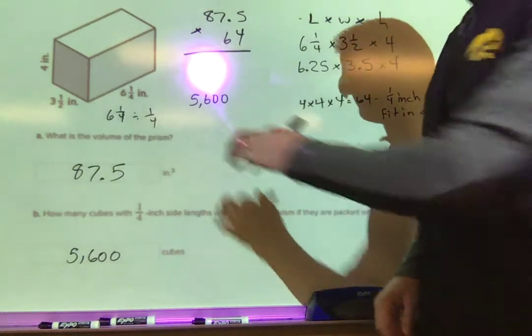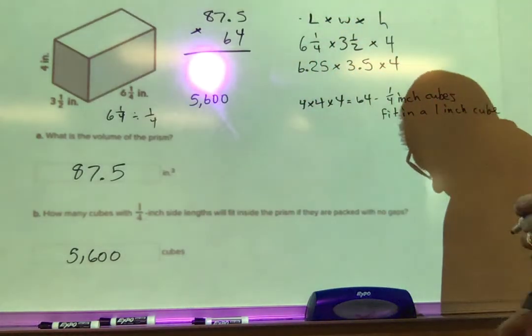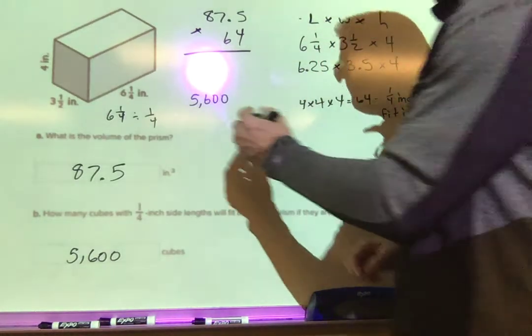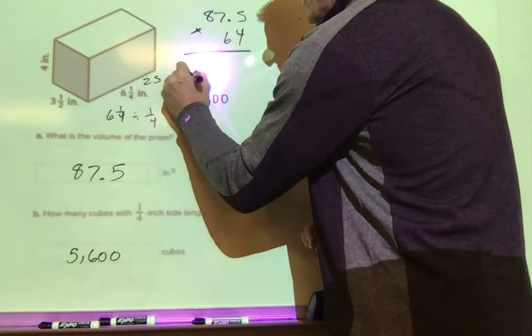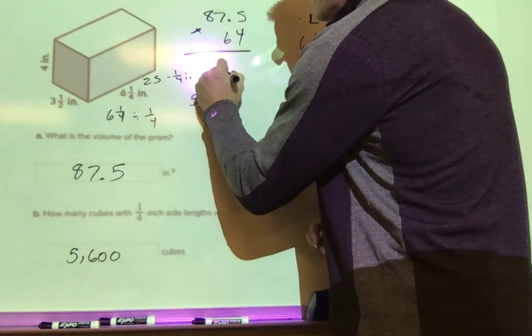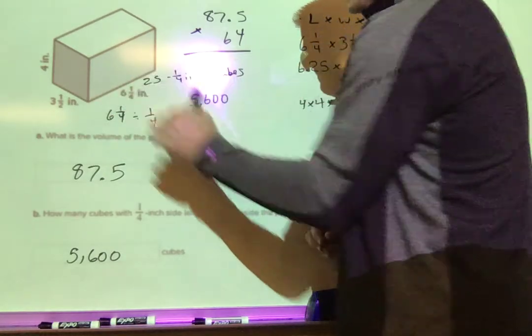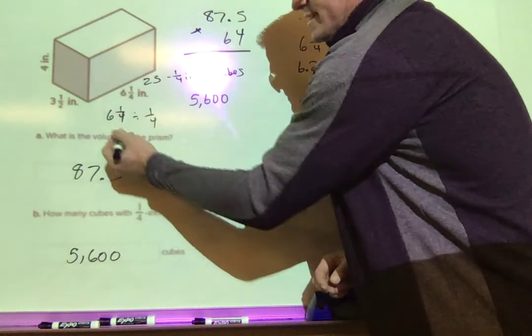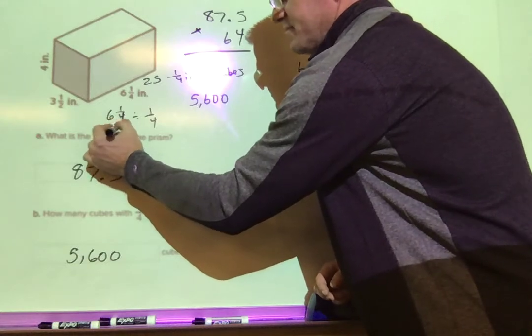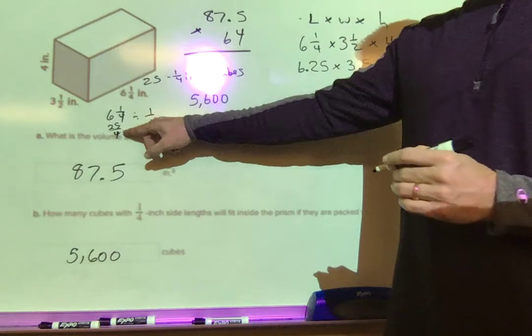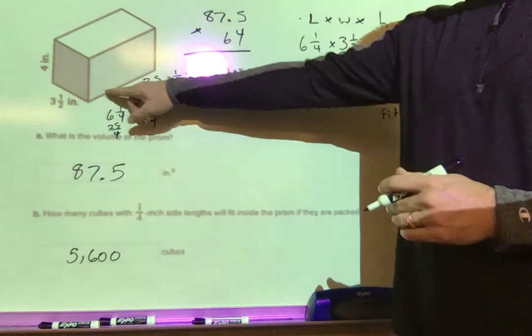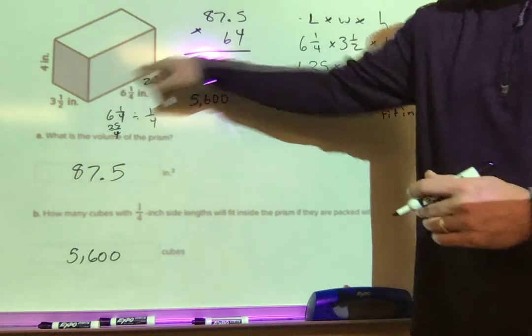And if I do this, you'll come up with 25 of them. So this would be 25 1/4 inch cubes that could line up in here. Just real quick to double check that, if I make this improper, that's 25 fourths. Say it backwards. How many 1/4 make 25 fourths? 25 of them.